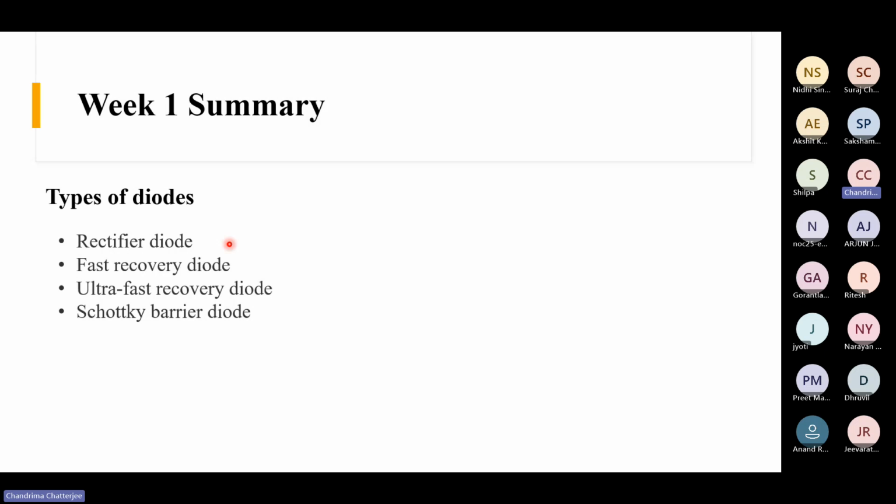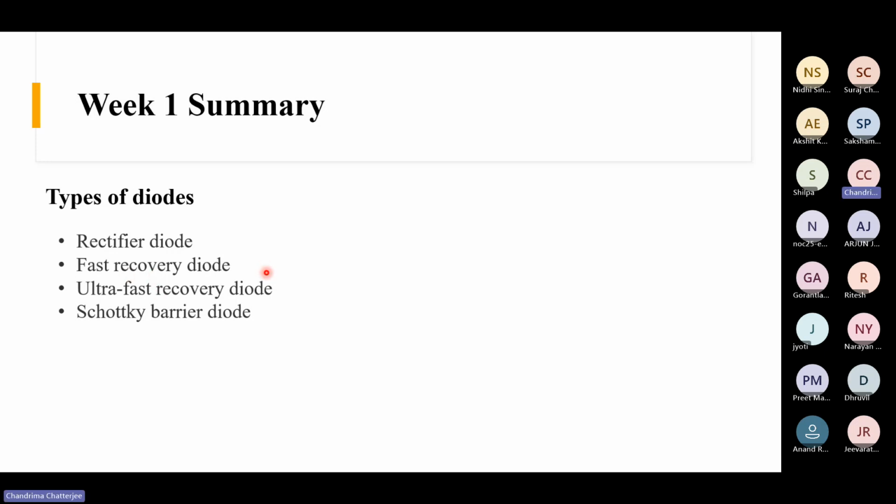This doesn't occur in zero time. Some time is required to remove all the charges from the junction. That time is not equal for each kind of diode. For rectifier diodes, this reverse recovery time is large. But for fast recovery diodes, from the name only, you can understand that the recovery time is very small.